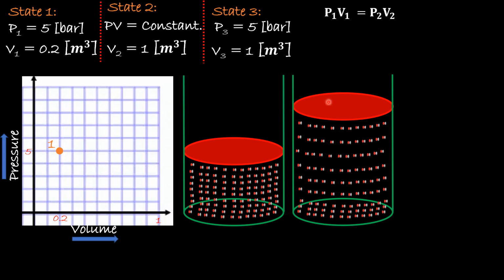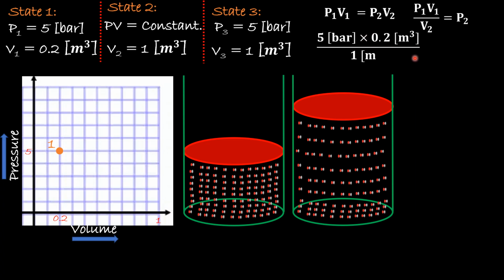And just like what we did in the previous problem, since the decrease of pressure versus increase in volume is constant, meaning its proportionality is constant, we can use this expression and solve for pressure at 2, plugging in the given values.